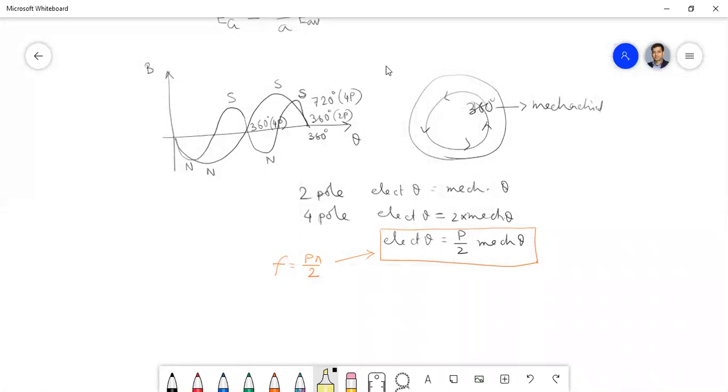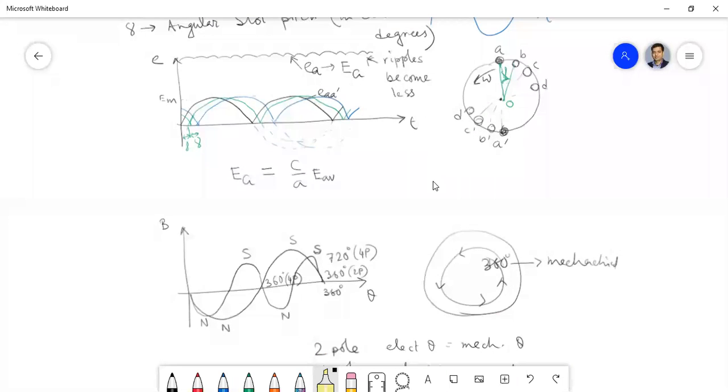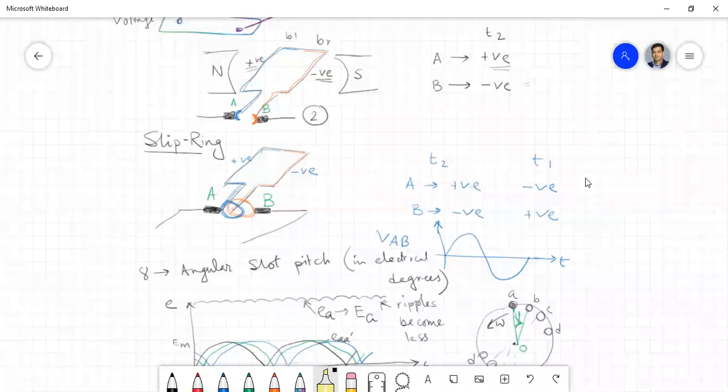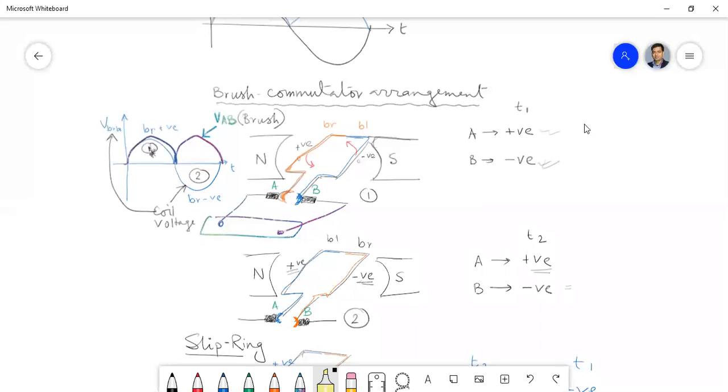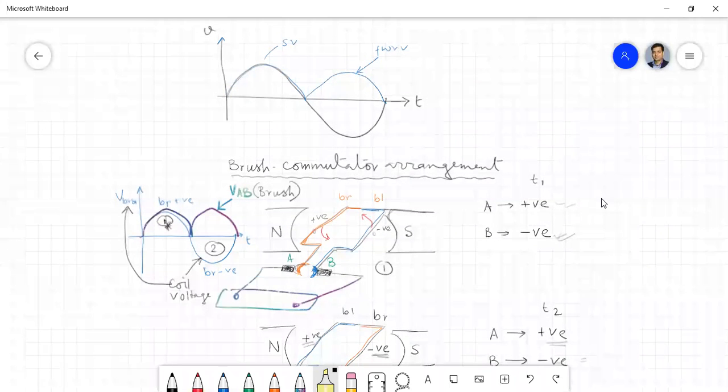In the last class, we discussed different components of DC machine, the construction of DC machine by a figure.